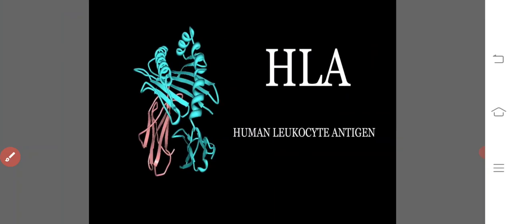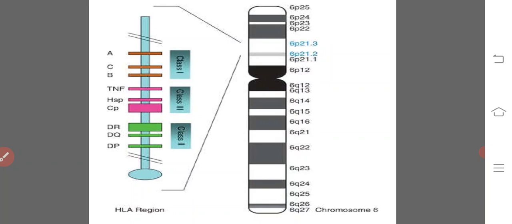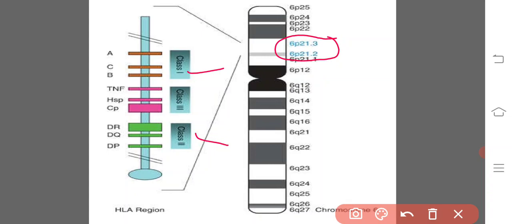This is the HLA, human leukocyte antigen, and here this is chromosome number 6, and the HLA antigen region which encodes class 1, class 2, class 3 MHC molecules.